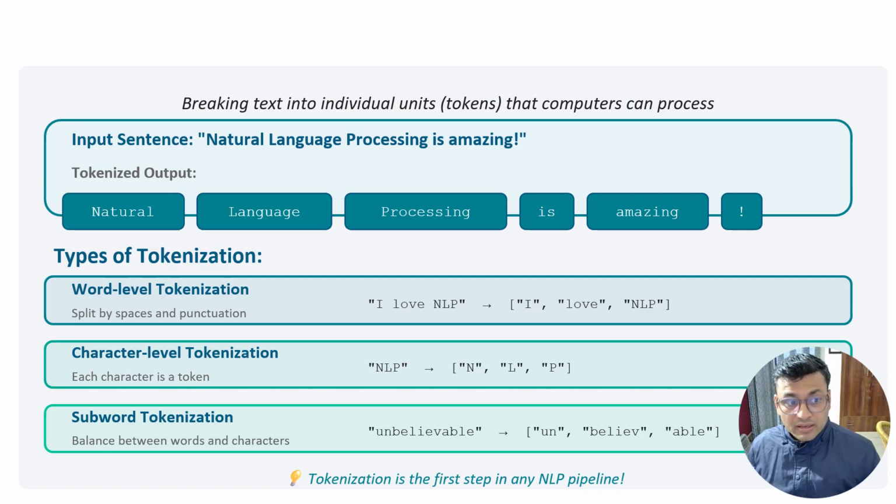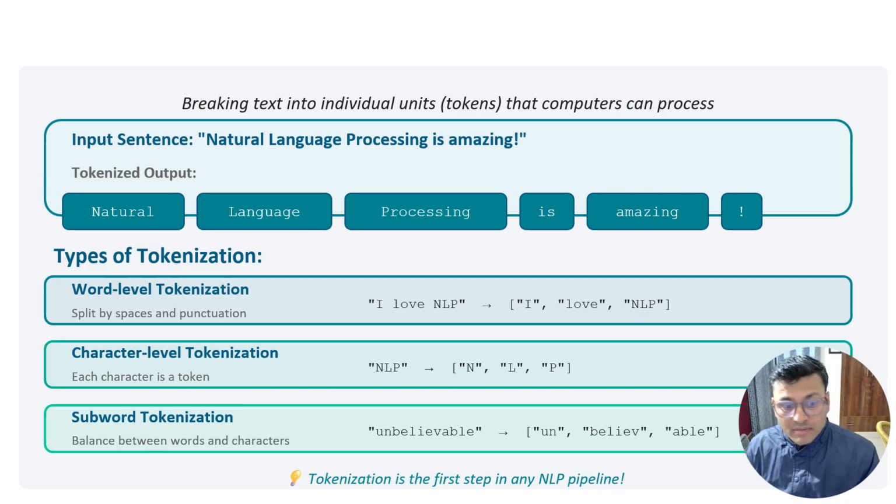It breaks the entire sentence down into different parts, what we call tokens: natural, language, processing, is, amazing, and then the punctuation. Again, there is also a subset of tokenization, word-level tokenization. That means splitting by spaces and punctuation, like I love NLP, so it gives I, love, NLP. Each word is segregated by the punctuation.